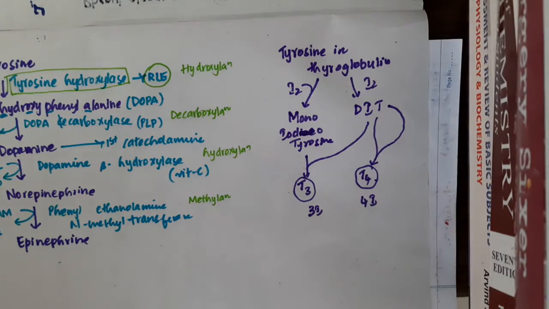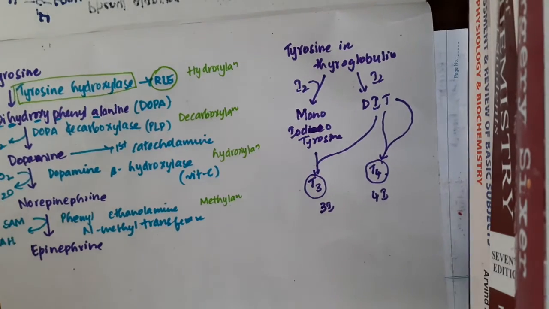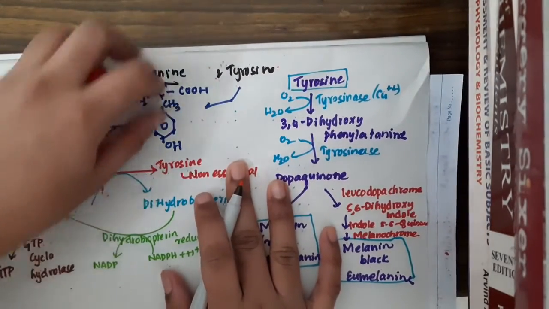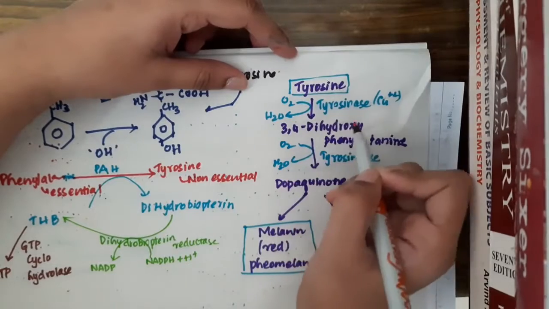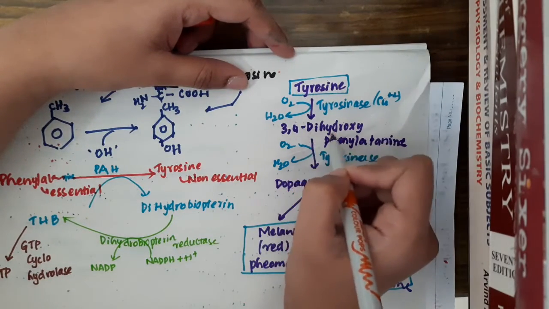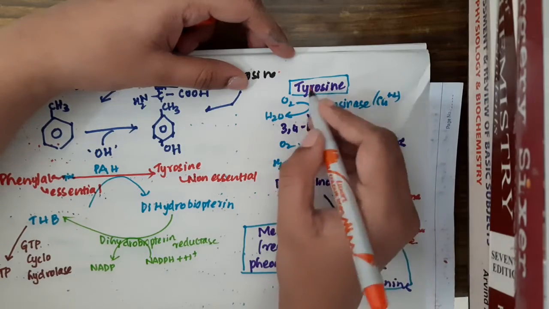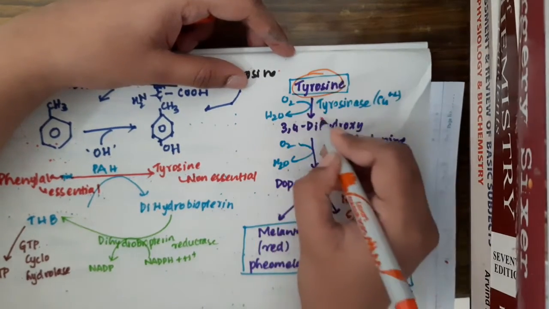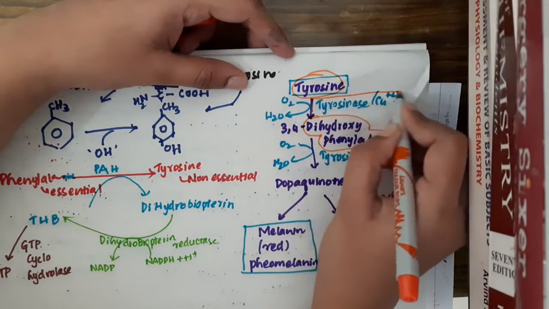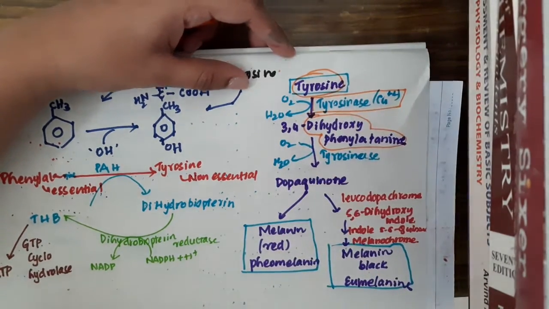Right. The last important topic of this is, look at this. Tyrosine gets converted to dihydroxyphenylalanine in the presence of the enzyme tyrosinase.